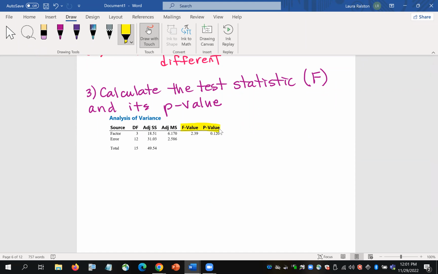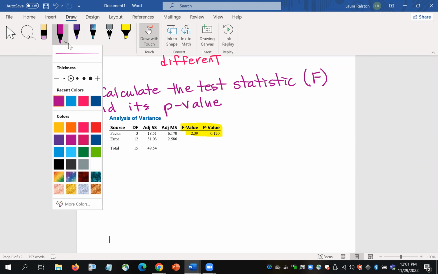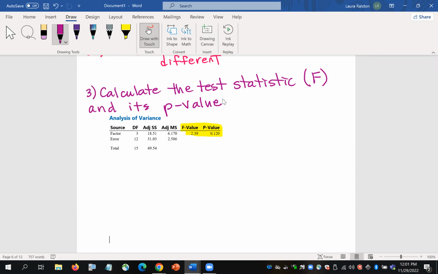It gives us the F value and the corresponding P value. And we write those down. I just think writing it down first makes it easier when I go to try to answer the questions. So I have F equals 2.39 and my P value is 0.120.